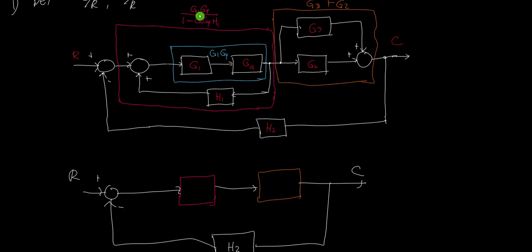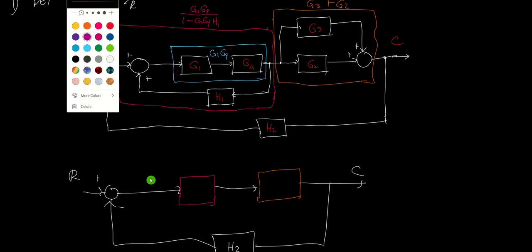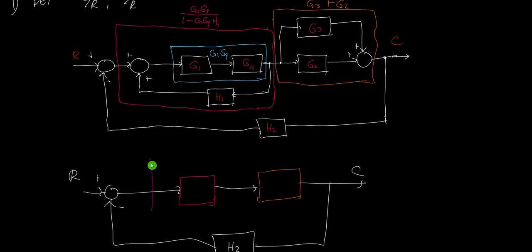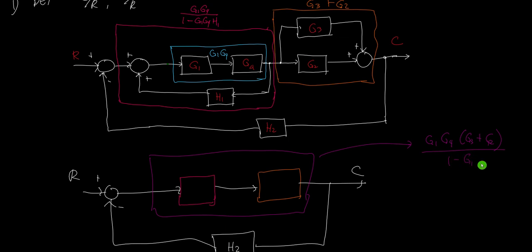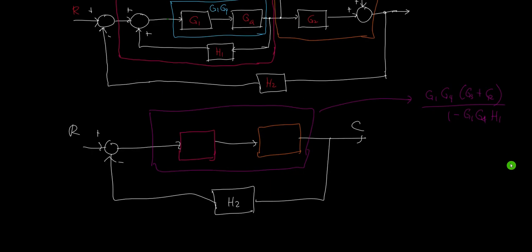The equivalent of these two will be the product of the two, which is G1 G4 times G3 plus G2, all over 1 minus G1 G4 H1. Then from that, this is now the canonical form.